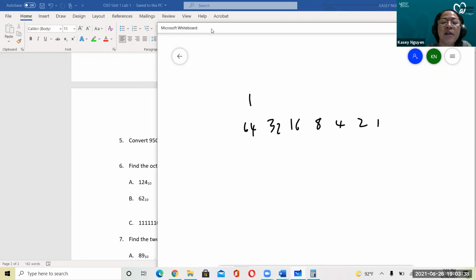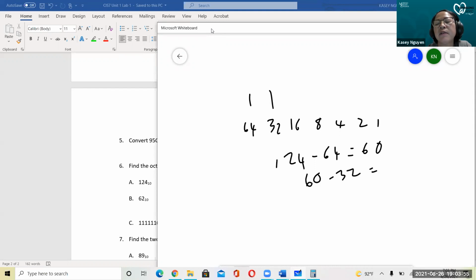So turn this bit on, 124 minus 64 is going to give me 60. And then I subtract 32 again. So 60 minus 32 is going to give me 28. Subtract 16. That's going to give me what, 12?